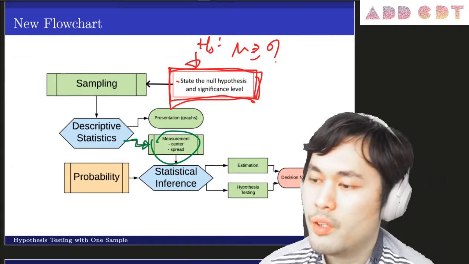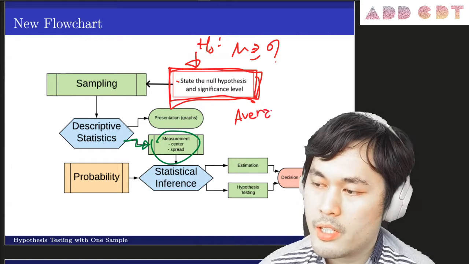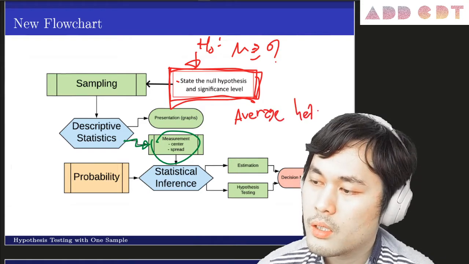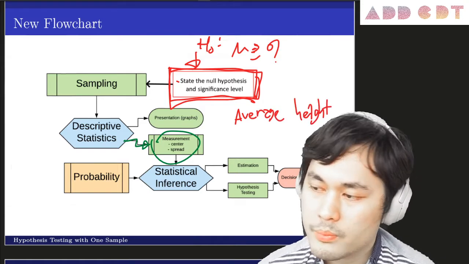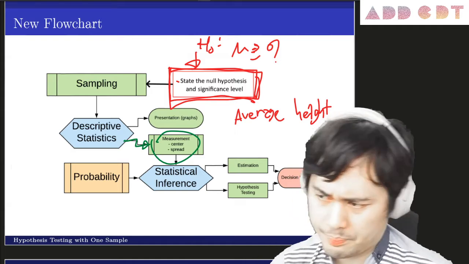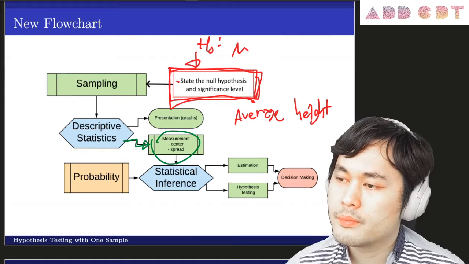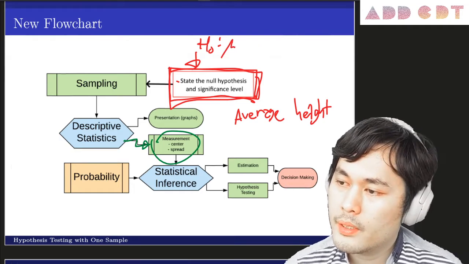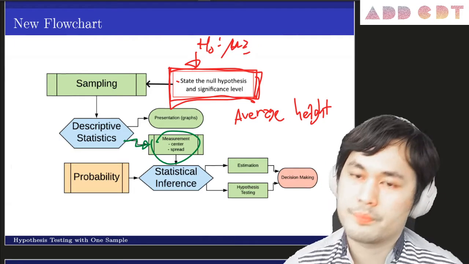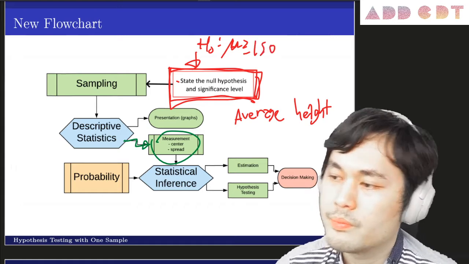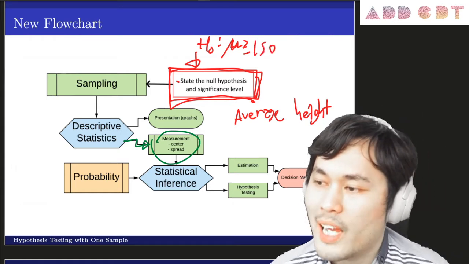Let's say you want to measure the average height of students at Thammasat University. You would be totally clueless on what number to put in. Maybe you put, I don't know, 150. That looks like a nice round number.